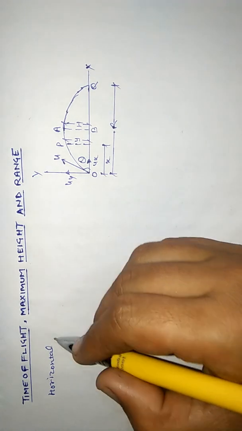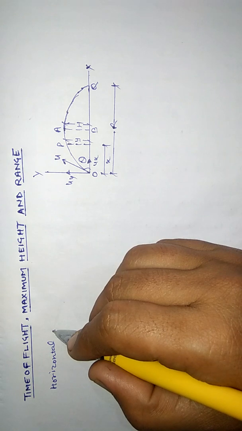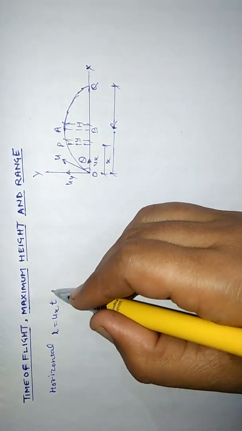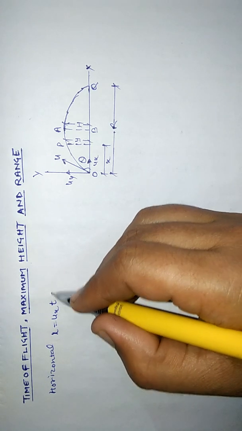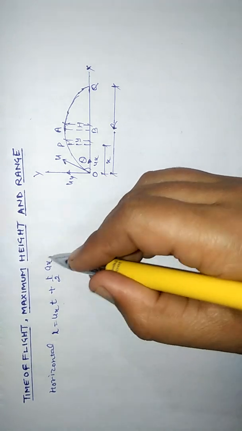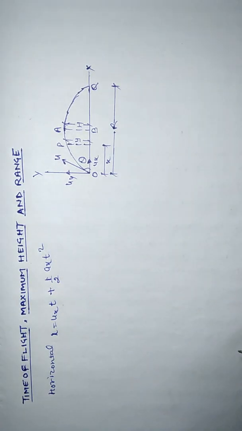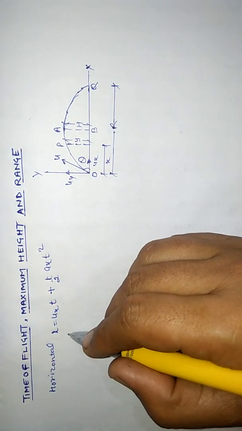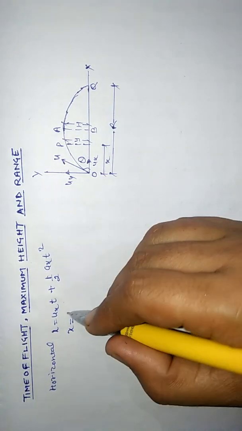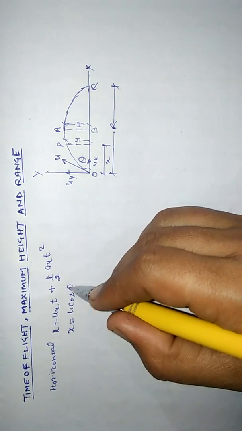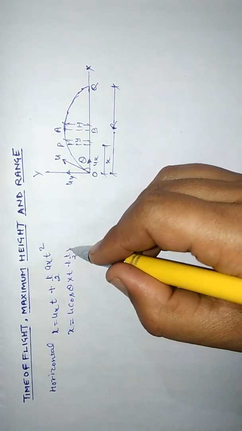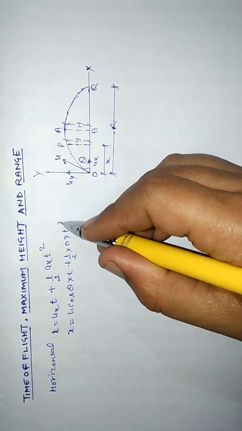So the position of the projectile at any time t is given by x is equal to uxt plus half ax into t square, or x is equal to ux, means the horizontal component, which is u cos theta into t plus half into 0 into t square.